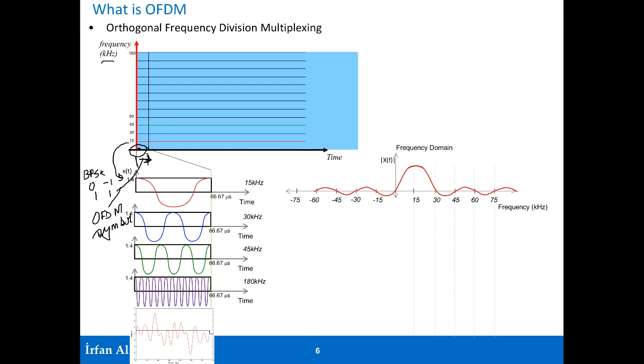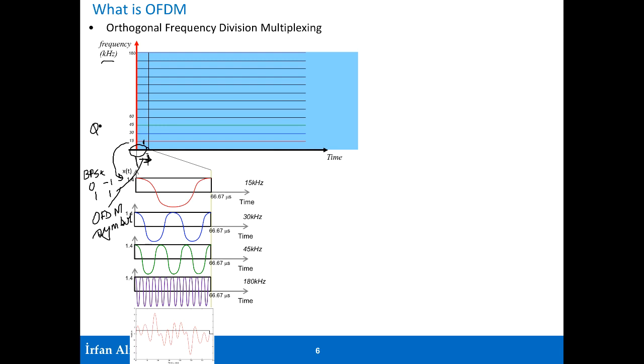Now, before we go a little more into detail on how this information is sent, let's consider how we would send a set of bits over here. If you've got BPSK, we can send one bit in this 15 kilohertz. If I'm doing something with a slightly higher modulation like QPSK, which is quadrature phase shift keying, which puts 2 bits of information, then on this 45 kilohertz I can have 2 bits of information, and on another frequency over here, 60 kilohertz, if I'm doing higher modulation, I can have 4 bits, which is my 16 QAM, and so on and so forth.